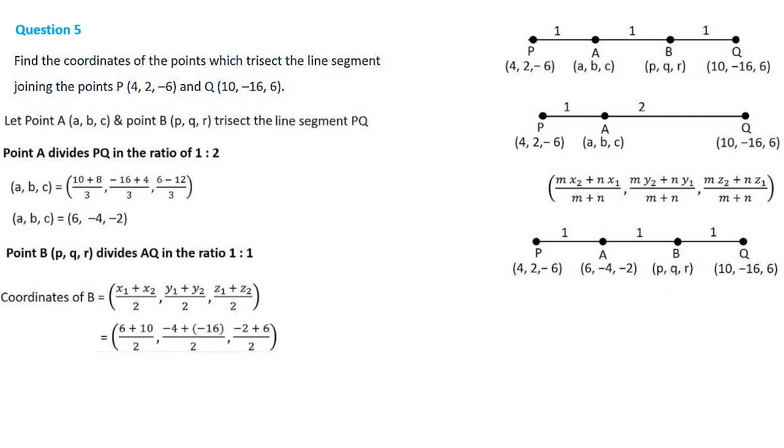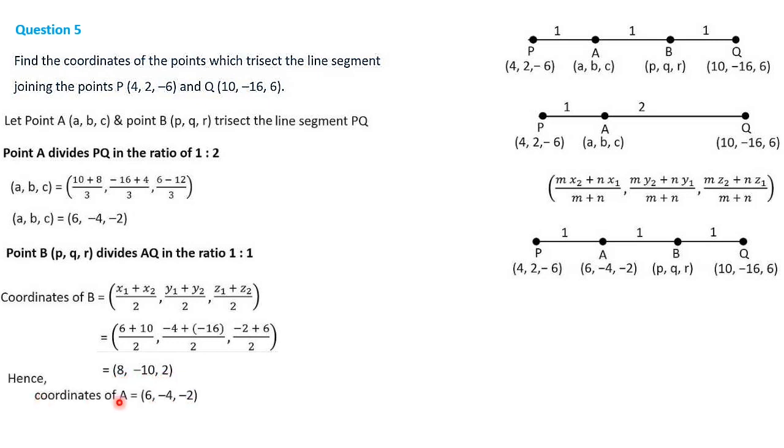That is equal to 6 plus 10 by 2, then minus 4 minus 16 by 2, minus 2 plus 6 by 2. That is 6 plus 10 is 16 by 2, that is 8. Minus 4 minus 16 is minus 20 by 2, that is minus 10. Minus 2 plus 6 is 4 by 2, that is equal to 2. So the coordinates of B we have got as 8, minus 10 and 2.